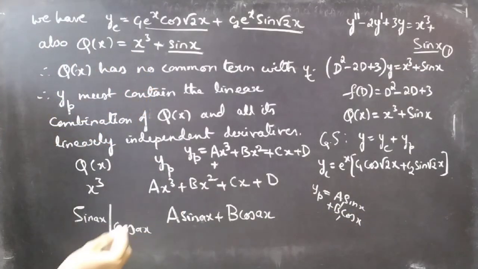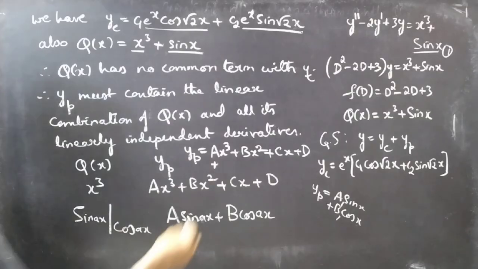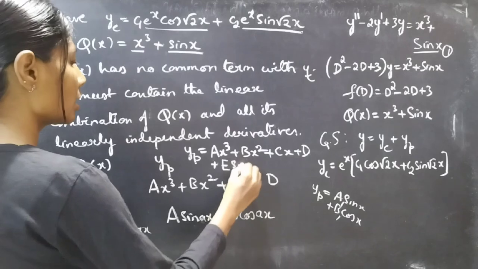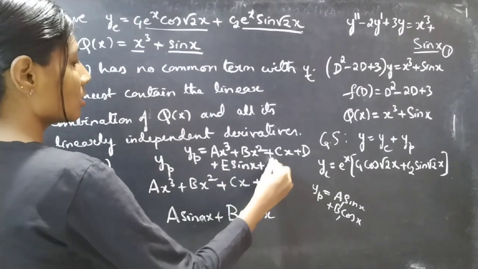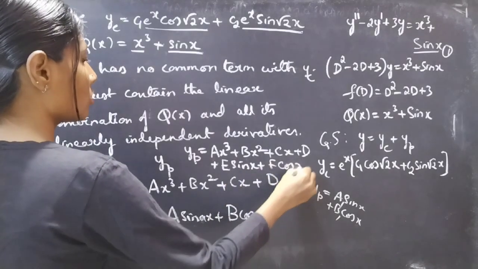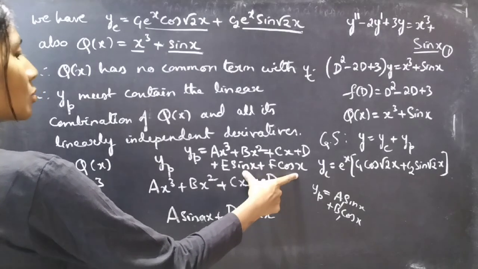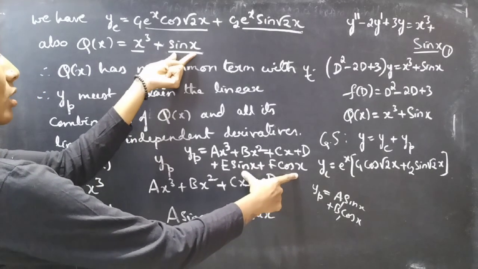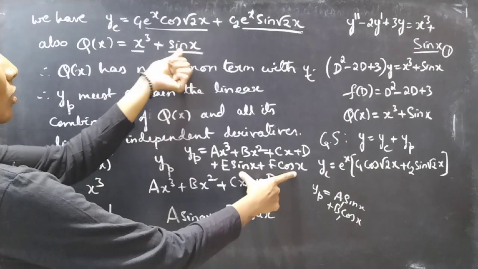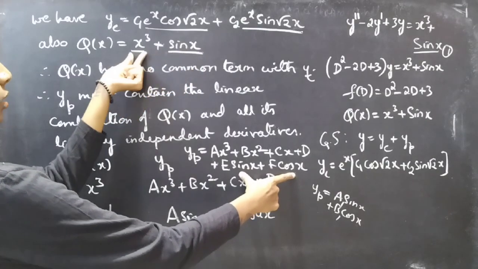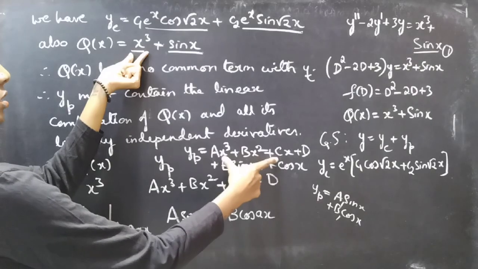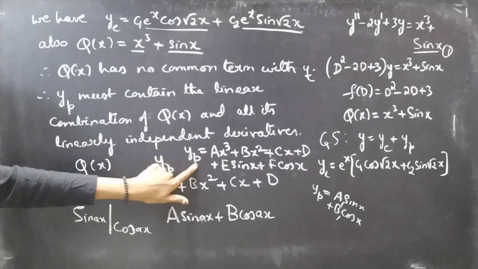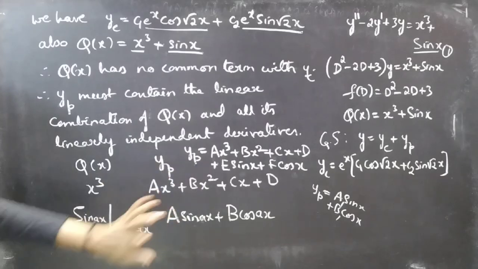Some other constants, since we have used a, b, c, d, let's take e. We'll get e sin x plus f cos x for sin x, and corresponding to x cube is ax cube plus bx square plus cx plus d, right? This is our yp using the formula.